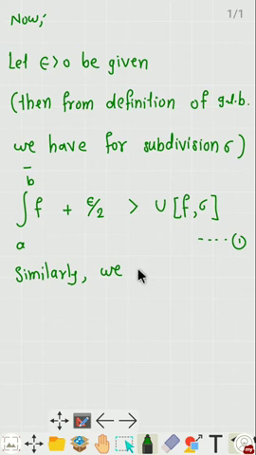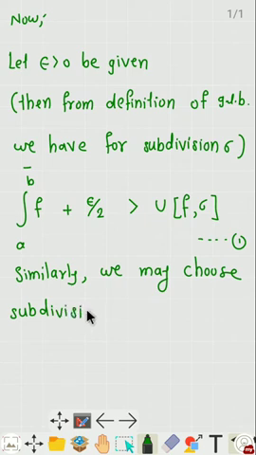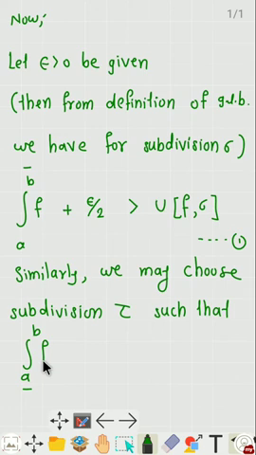Similarly we may choose a subdivision tau such that the lower integral of function f minus epsilon by 2 is strictly less than the lower sum of function f corresponding to subdivision tau.